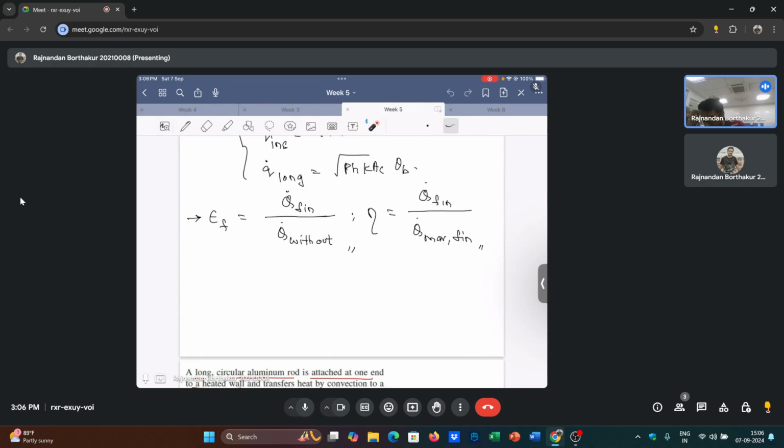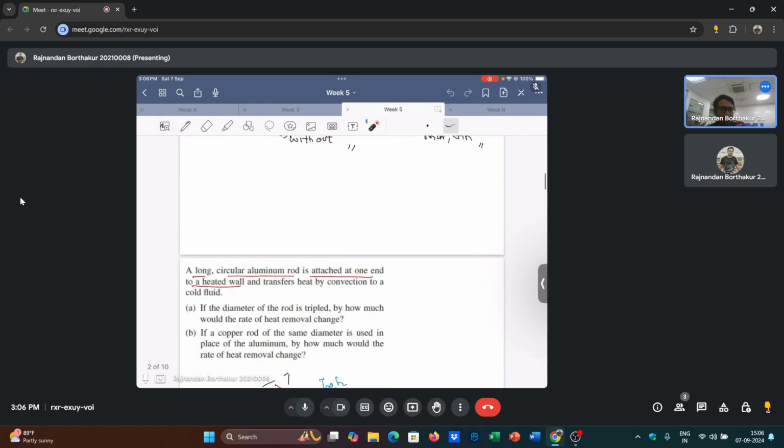We also looked into the fin efficiency, which is the rate of heat transfer from the fin to the maximum rate of heat transfer that would take place when the entire fin is maintained at the base temperature. And we saw that for the use of a fin to be beneficial, our effectiveness has to be greater than one.